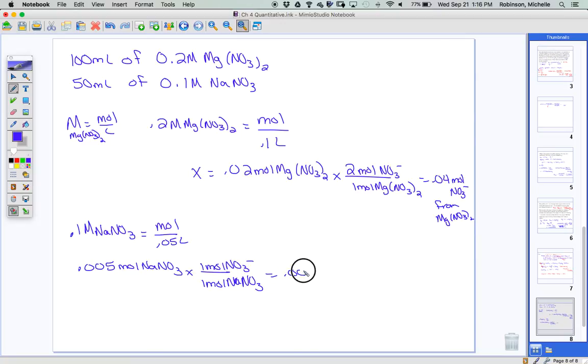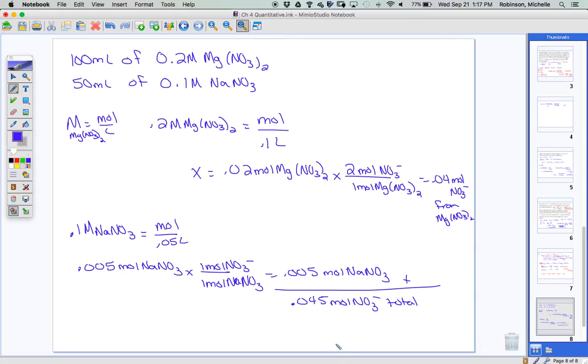So this one's 0.005 moles of NaNO3. Now what are we going to do? We're going to add them up, right? So if we add them up, we get 0.045 moles of NO3 minus total.